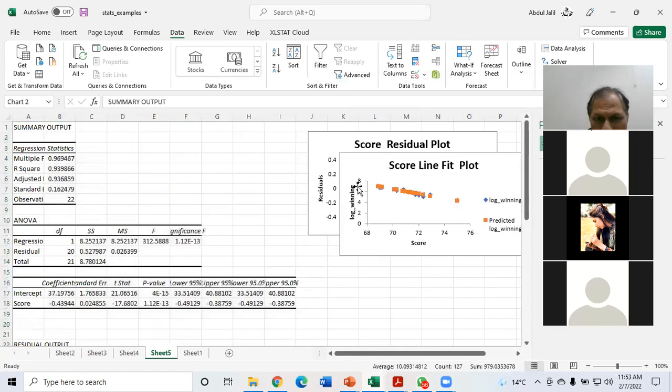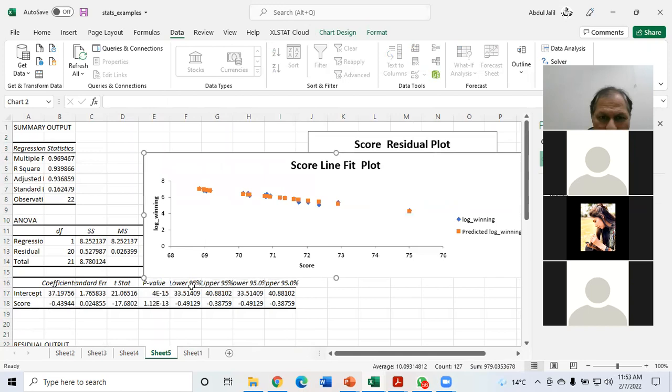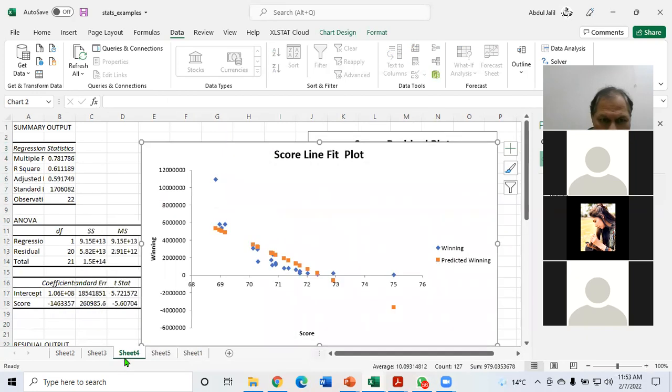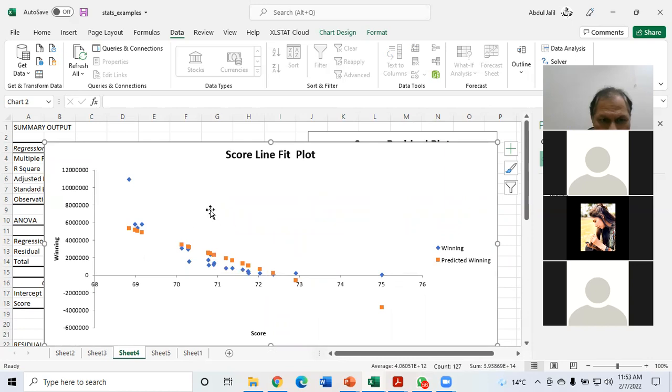Now you can observe, just giving you the hint or idea. In this case, your line is closer to the actual data, and in this case, it is less close. Clear? You know that this is without taking log. These orange dotted points are showing the estimated values, and actual data is blue dots.